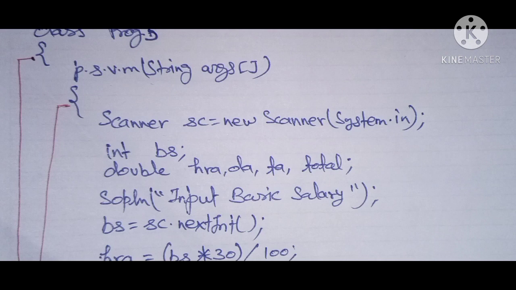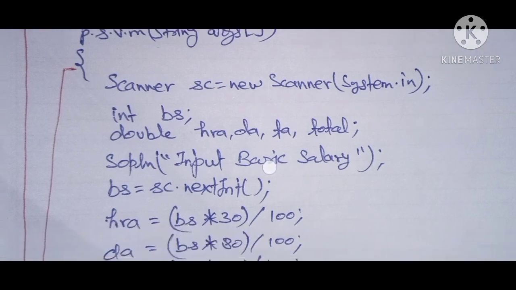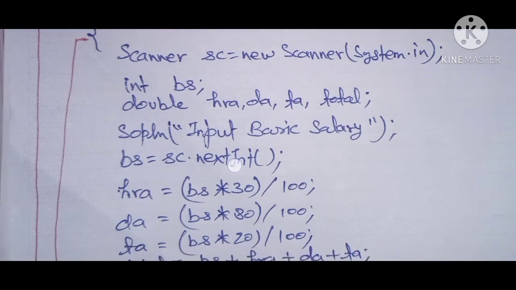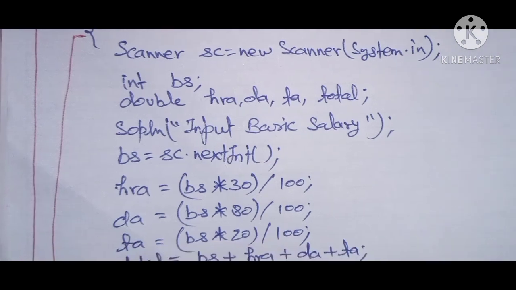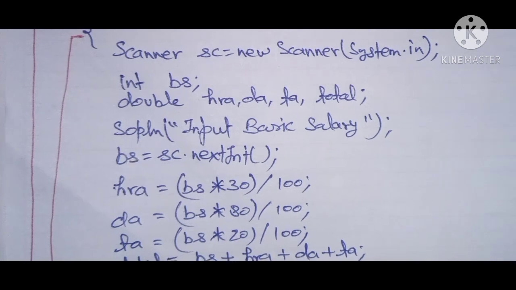That's why I have taken double data type. After that, input basic salary, this is the message, and sc.nextInt. I had already told you this point. This is the way by which we can take a number in the bs variable.